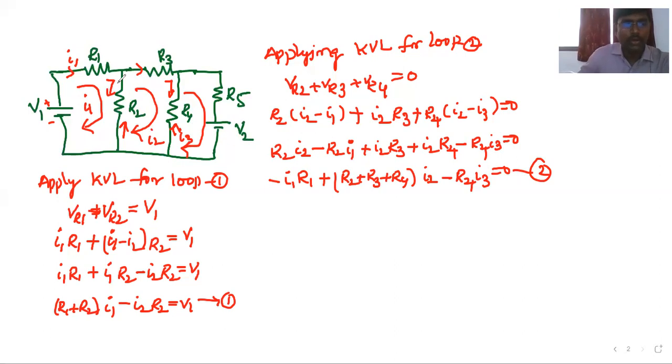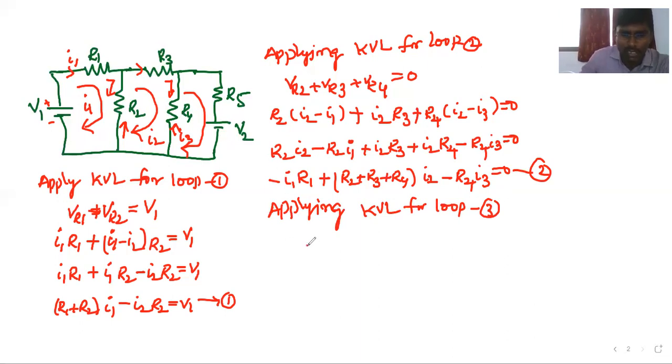Now you apply KVL for loop 3. So here, what are the resistances? VR4 and VR5.